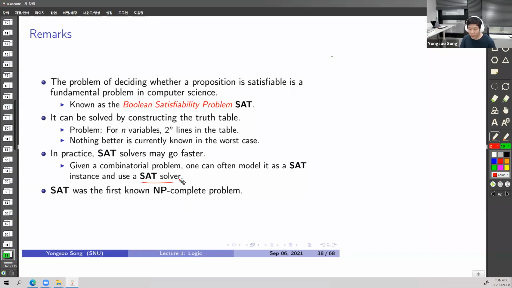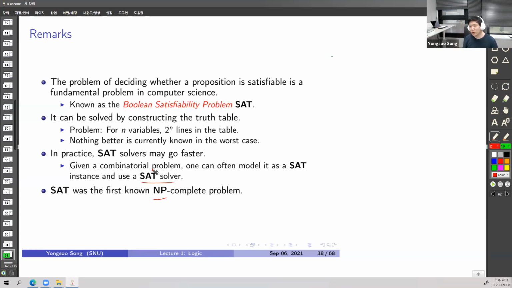So for example, when you solve some problems from graph theory, let's say the shortest path problem, you can represent the shortest path problem using this SAT problem. Or in fact, any NP problem can be represented as a SAT problem. Later, if we have some time, I may introduce what NP means.